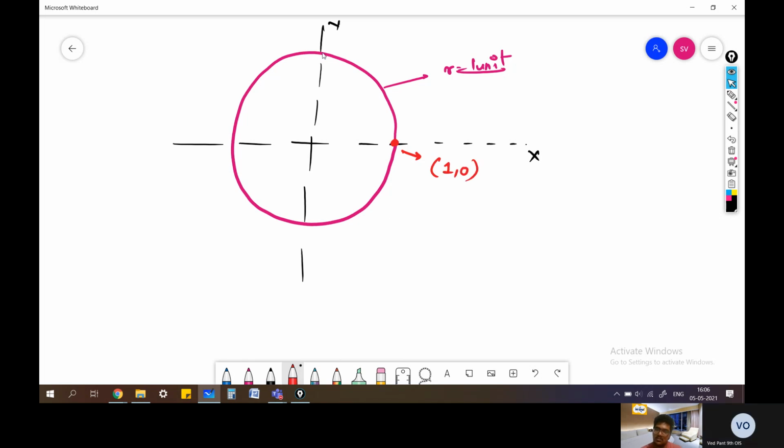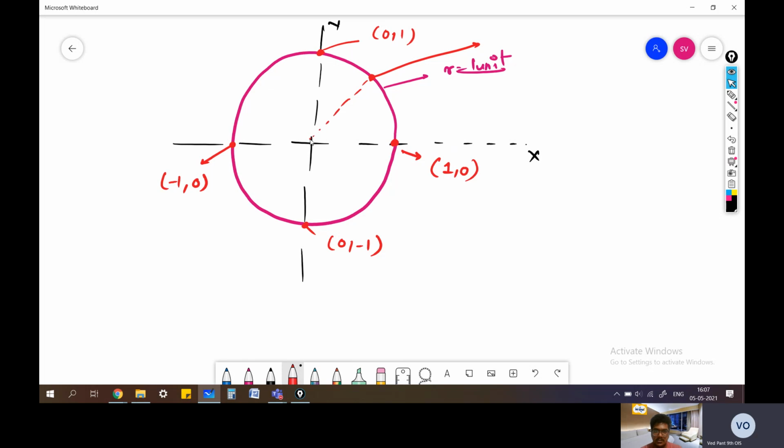What about this point? 0, comma 1. What about this? Minus 1, comma 0. And that will be 0, comma minus 1. What about this one? I'm not sure.